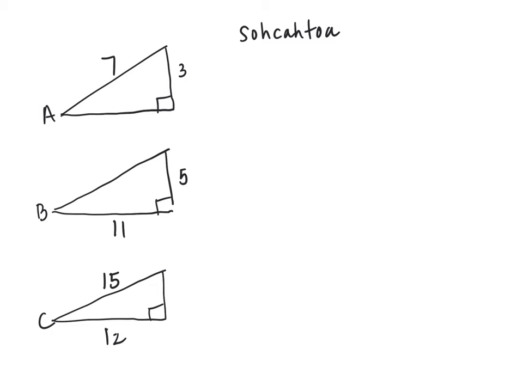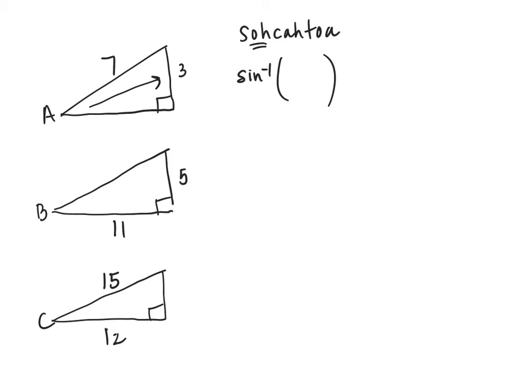Here are 3 examples of finding angles using the inverse sine, cosine, and tangent. So in the first example, I'm going to find angle A, and I see that I have the opposite and the hypotenuse. Opposite and hypotenuse is sine. I'm looking for an angle. That means I'm going to use the inverse sine.